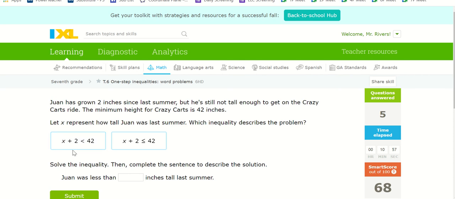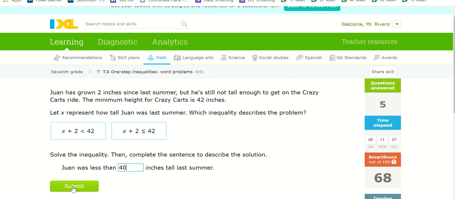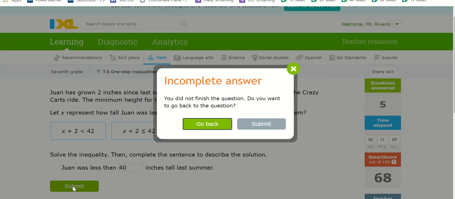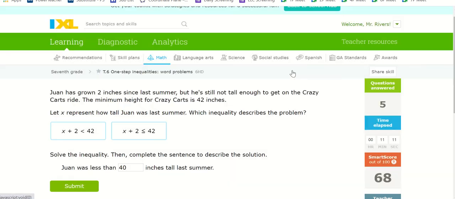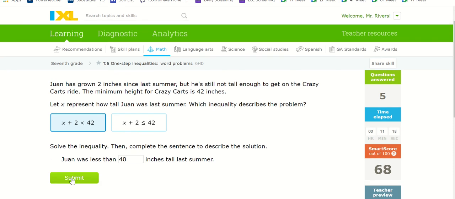We subtract 2 from both sides. X is less than 40. Juan was less than 40 inches tall last summer, so now we know he's just less than 42. Hopefully Juan gets there soon. Oh, what did I do? I didn't select the right one, right? He's less than 42. If he were exactly 42, he could ride the ride, but he's not.